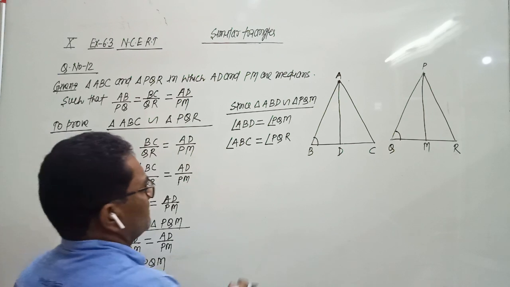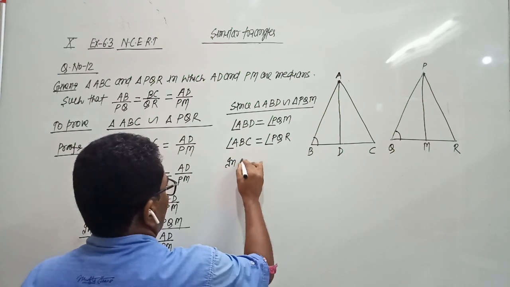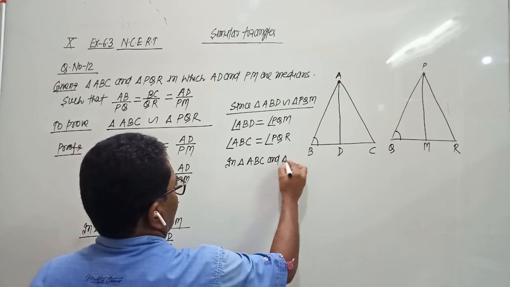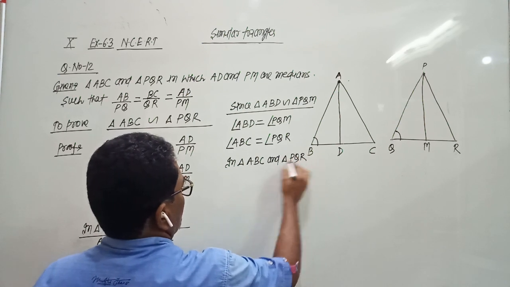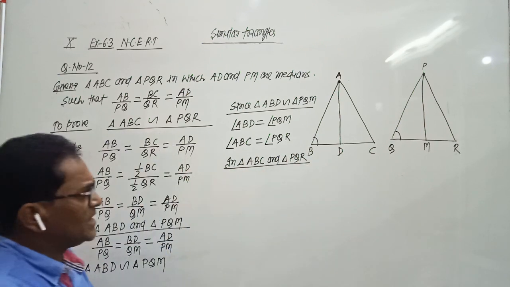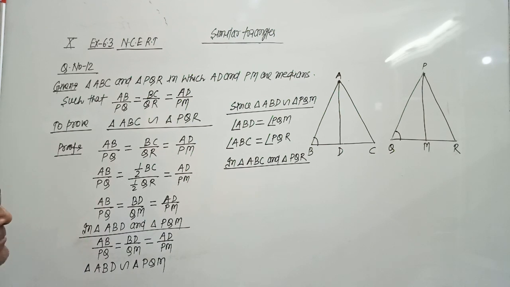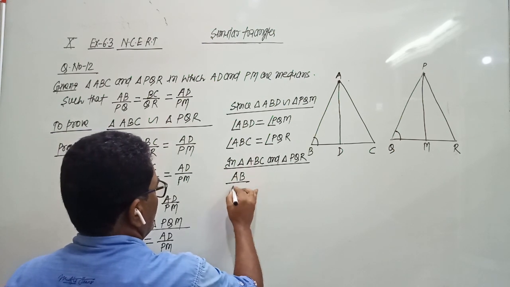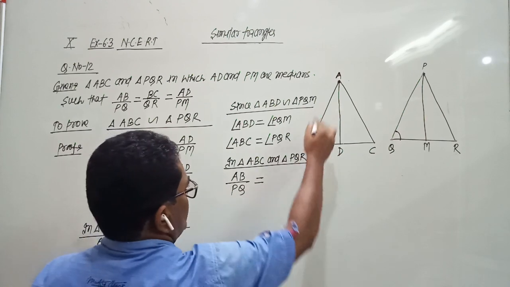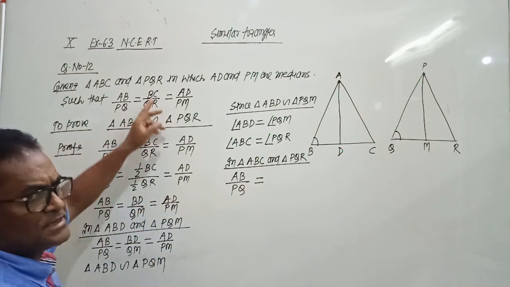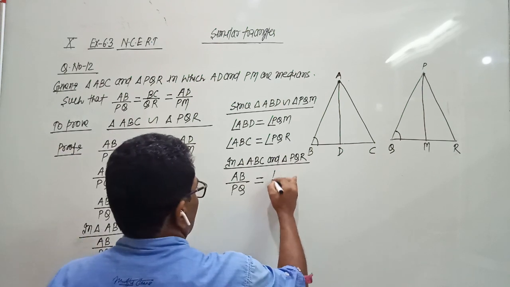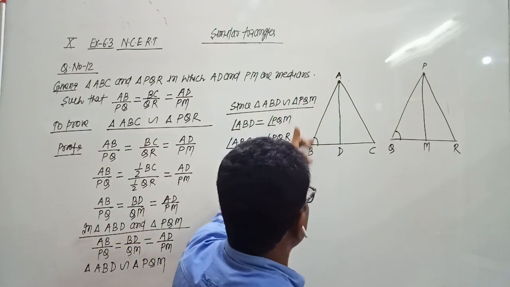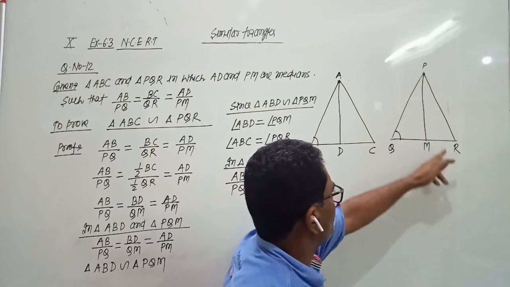So now in triangle ABC and triangle PQR, we have given that AB upon PQ equals BC upon QR.